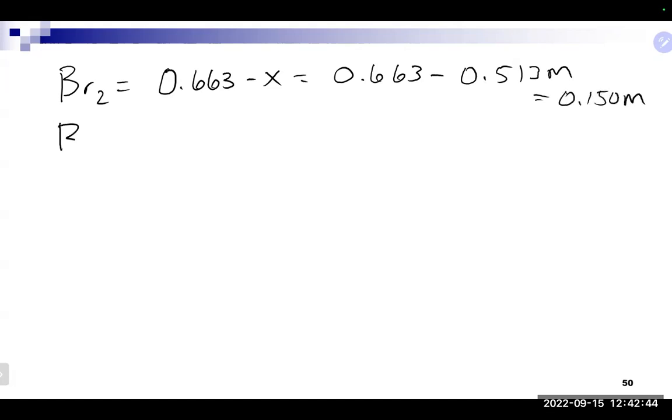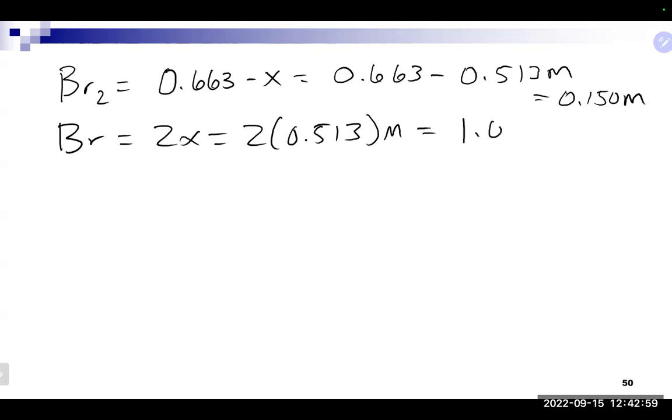For our Br, it was 2 times x, which gives us 2 times 0.513 molar. And that gives us 2 times 0.513, we'll call it 1.03 molar. These would represent then the equilibrium concentrations of everybody there.